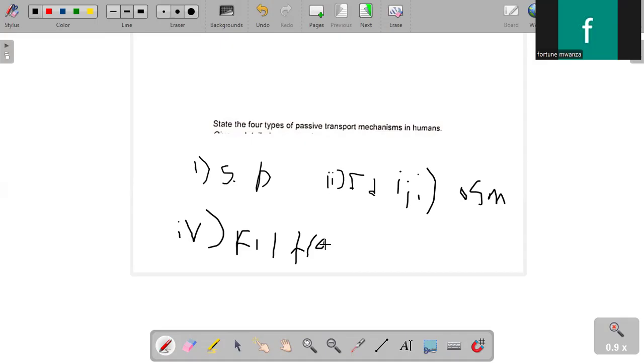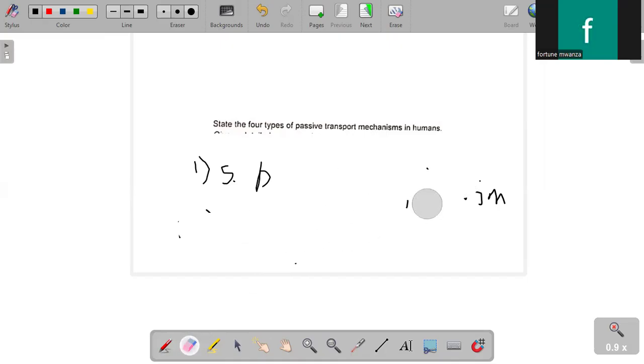Let me start discussing all these four types one by one. I'll start with simple diffusion. In terms of simple diffusion, we are talking about transport across the membrane.